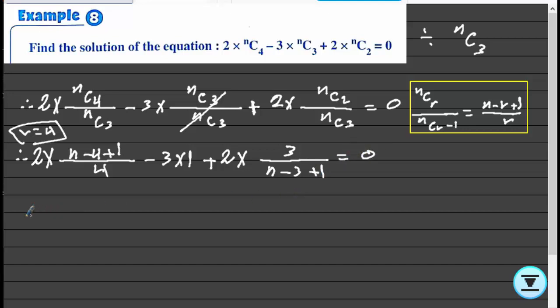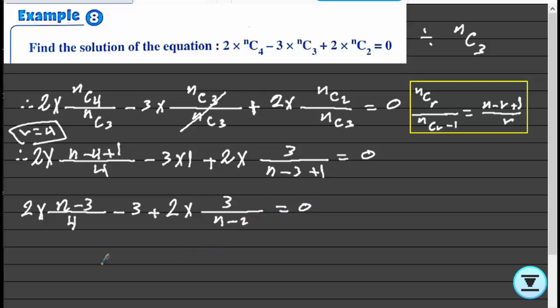Okay, now 2 multiply n minus 3, as negative 4 plus 1 equals negative 3, over 4 minus 3 multiply 1 equals 3 plus 2 multiply 3 over n minus 3 plus 1, it is n minus 2 equals 0.